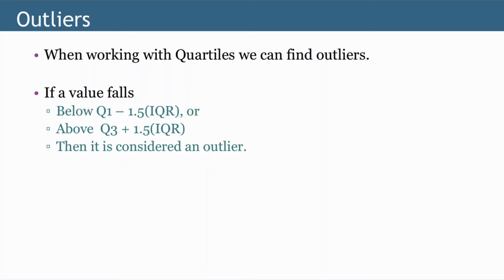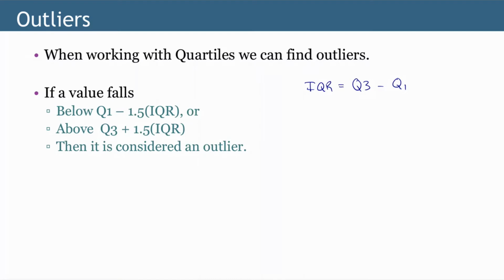So if you take Q1 minus 1.5 times the interquartile range, the IQR, which was just on the last slide, remember that was Q3 minus Q1. And then you take Q3 plus 1.5 times the interquartile range. If you fall outside those boundaries, that would also be considered an outlier.